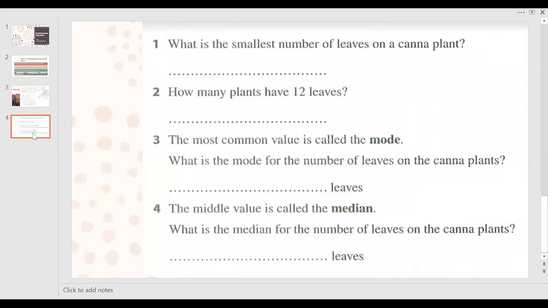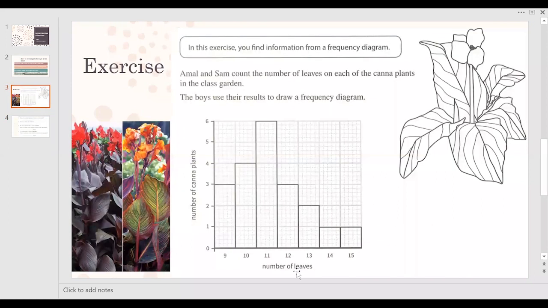Now we're going to find the mode and the median. What is the mode? The number of the most common value. So it is 11. It is 11. So the mode is the most common value. And how do we find it out? How can we explain that the number 11 is the mode of the number of leaves in these plants?